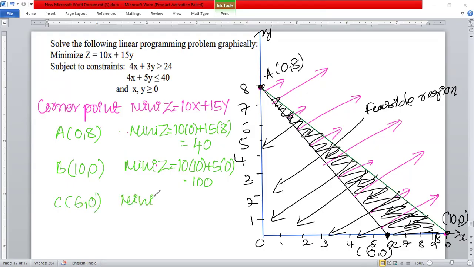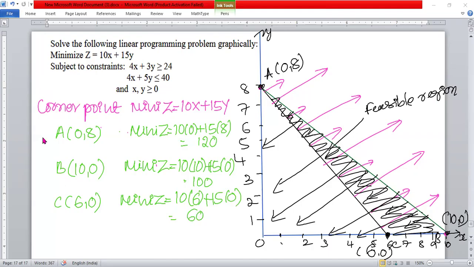So Z is equal to 10 into 6 plus 15 into 0, so the answer is 60.